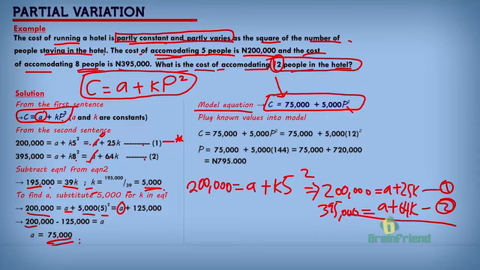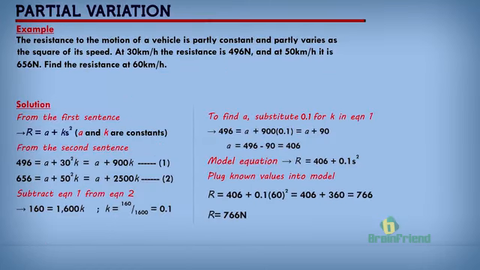C, therefore, will be 75,000 plus 5,000 multiplied by P squared, which is 12 squared. So our cost, C, for accommodating 12 people in the hotel becomes 75,000 plus 720,000. And that gives us 795,000 naira.